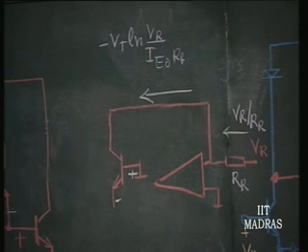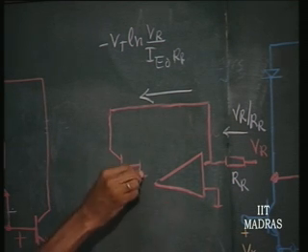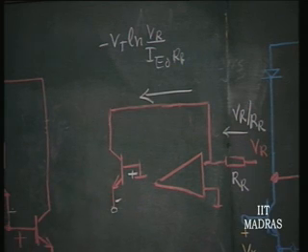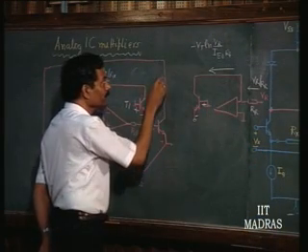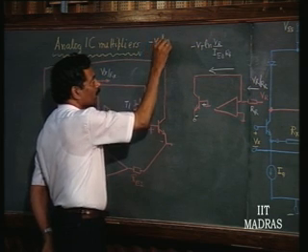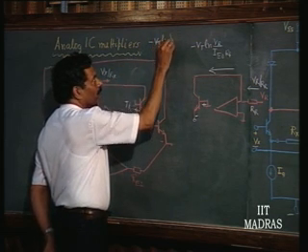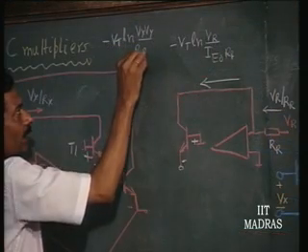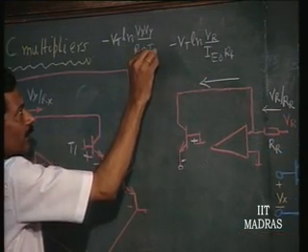So, what happens here now? We have already developed with respect to this a negative voltage, another negative voltage we have developed corresponds to what? Minus Vt log Vx Vy by Rx Ry Ie naught square.